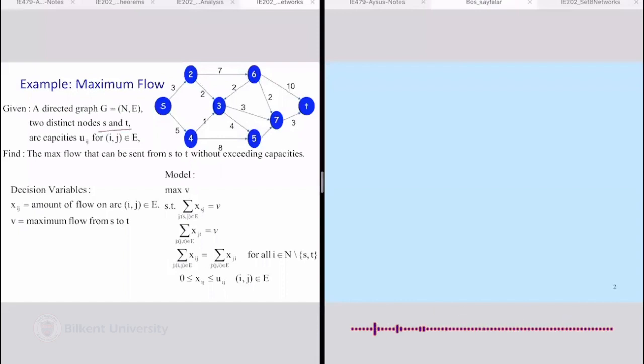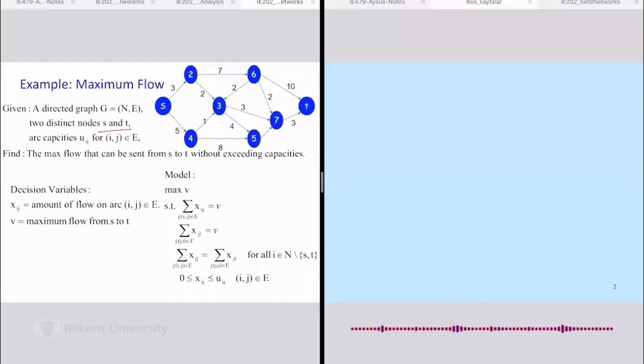That happened to be 1 and 6 in the previous example, but now this is it. This time, I don't care about cost. I don't know what the cost is, but I don't care. All I'm thinking about is, what is the largest amount I can send from S to T? This is a special problem. It's called the maximum flow problem. What is the largest amount you can send from S to T?